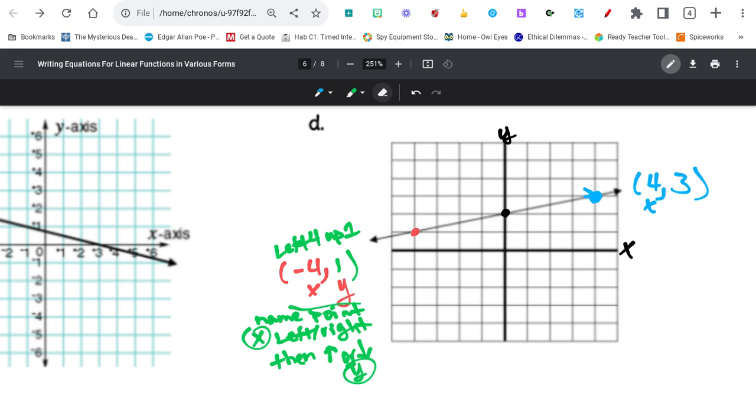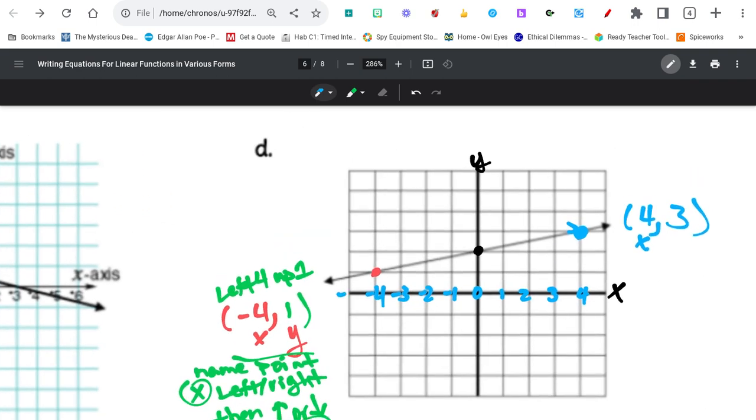And some students prefer to do this. They just prefer to put the numbers on the number line. And if this is what you have to do, then that's what you have to do. Put your numbers on the number line. 0, 1, 2, 3, 4, 5, 6, -1, -2, -3, -4, -5.